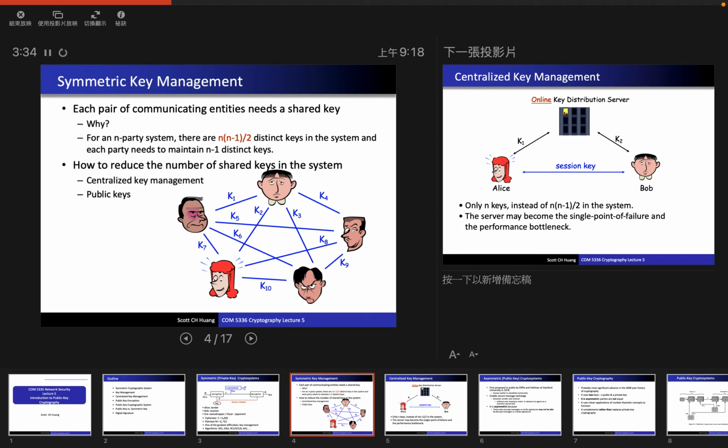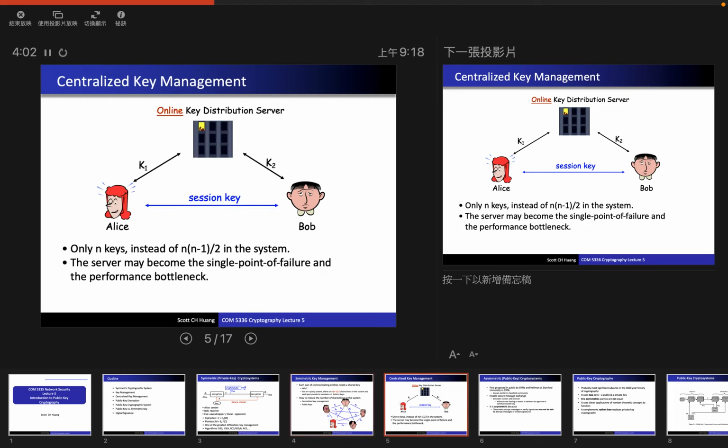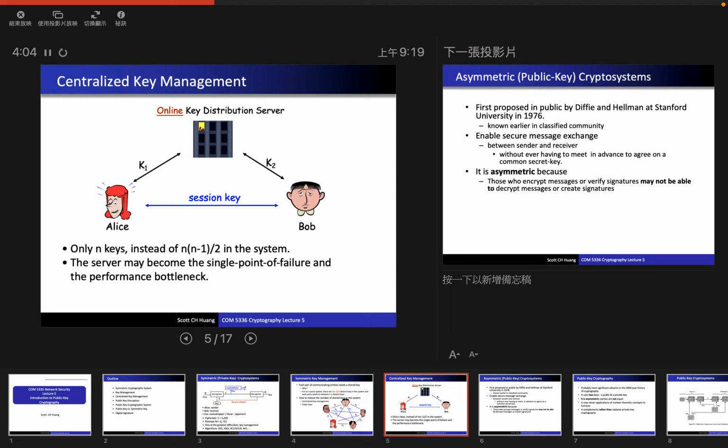And this grows really significantly because it's on the scale of n squared, where n is the number of people, according to this formula. So if there are too many people, like 10,000 people, then there are a lot of keys. That's a problem. To counter this problem, there is a way called centralized key management.